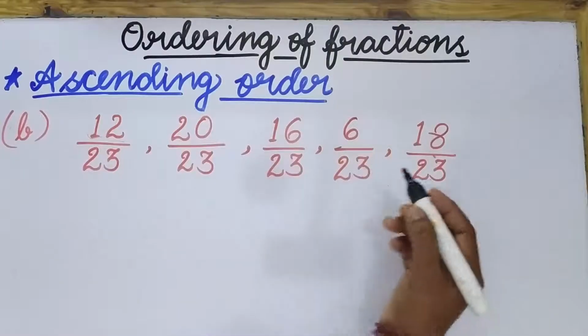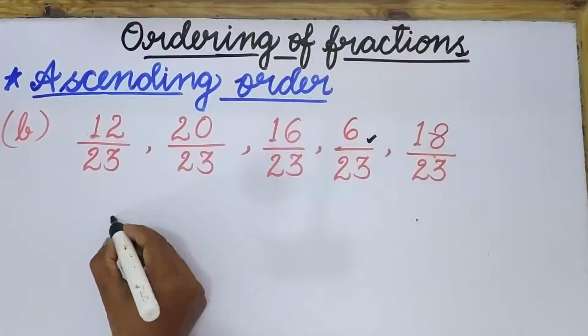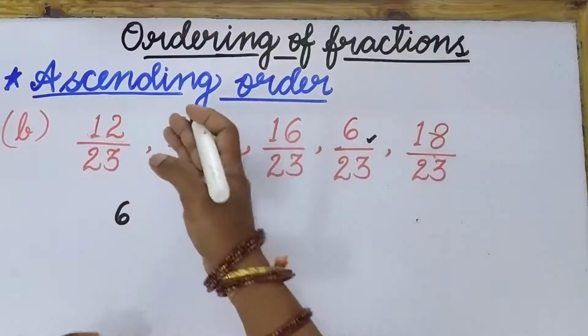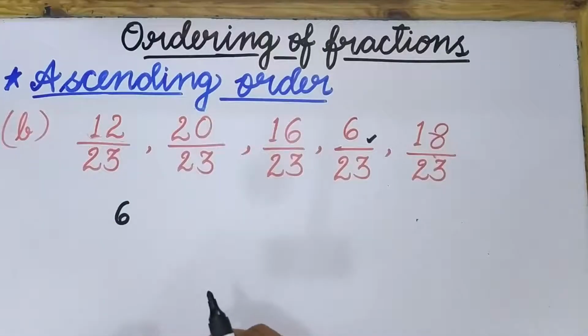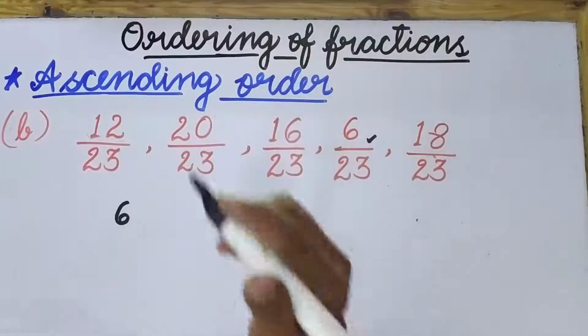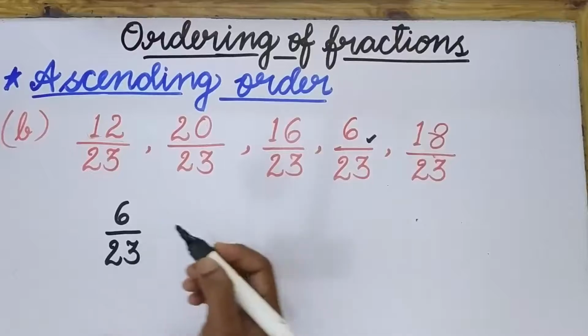From that we come to know 6 by 23 is the smallest fraction. We arrange from smaller to greater as it is given, ascending order.